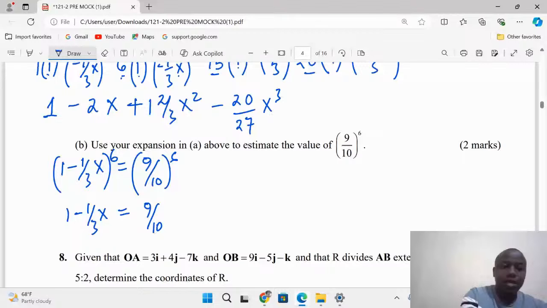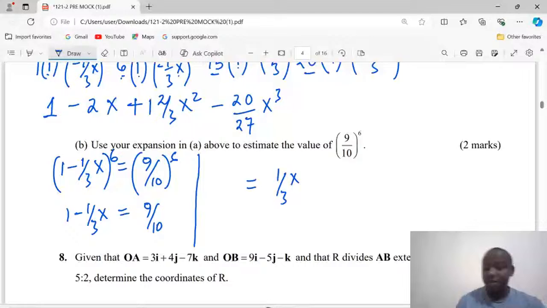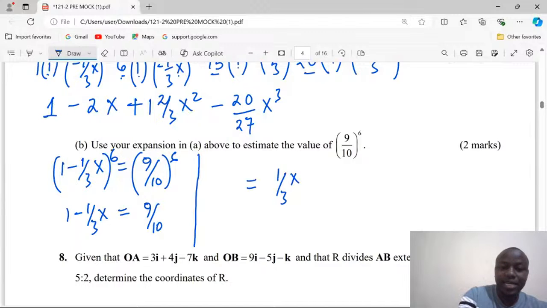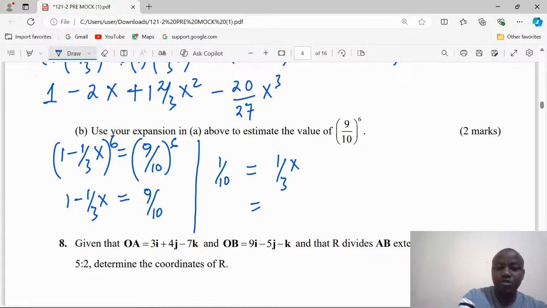We can have 1 out of 3 x to this side being positive, then 1 minus 9 over 10, which is 1 over 10, to this side. So to remain with x, we can multiply through by 3. x equals 3 over 10, which is 0.3.